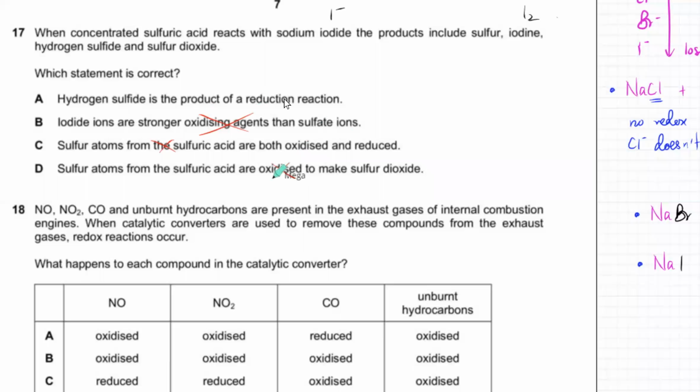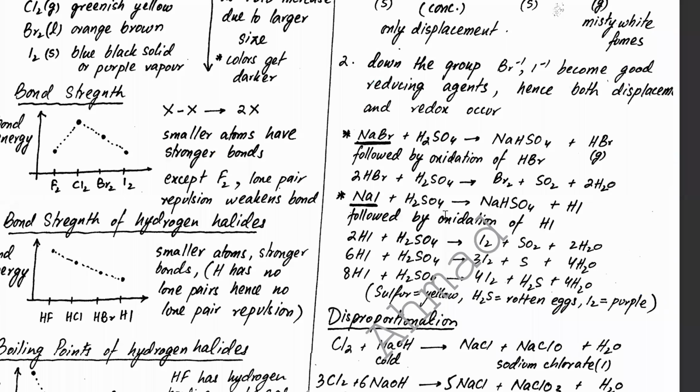The first one is correct, and the reason is that I-1 is acting as the reducing agent, and the sulfuric acid is getting reduced in all of these options. It goes from +6 to +4, +6 to 0, sulfur is 0, or +6 to -2, sulfur in H2S is -2. So I-1 is the reducing agent, and it reduces the sulfuric acid into all these products.